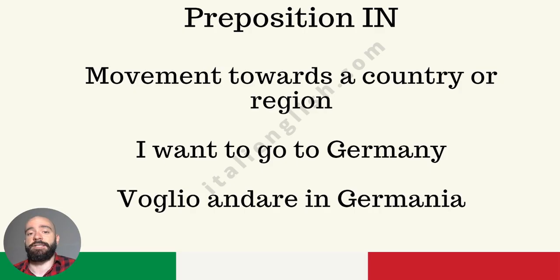Here we're facing the scenario of movement towards countries or regions. By regions, I mean the European Union, the United States, and so on. I want to go to Germany, or I want to go to North America. Even the region North America, which includes both United States and Canada, and according to some geography books, also Mexico. It's a region, so in front of it we use in.